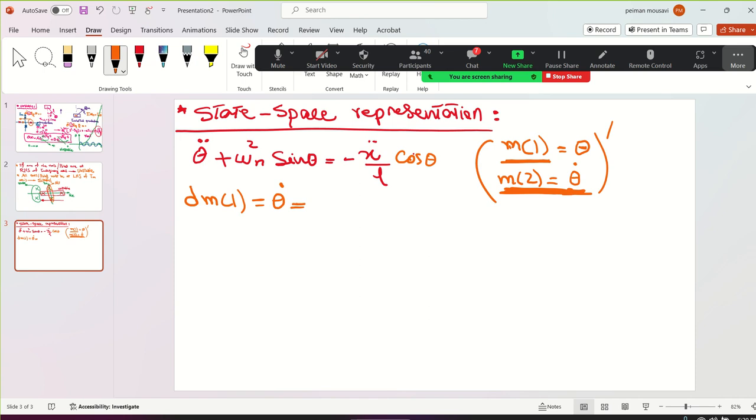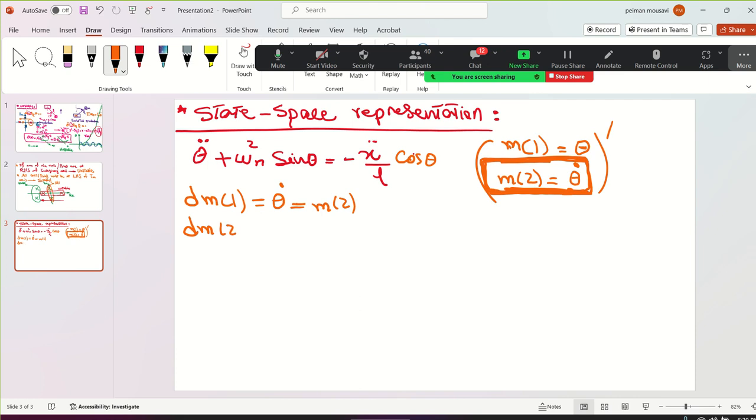What is theta dot? Can you read this term in this box? The orange box? Anybody? Yes. Not magic.